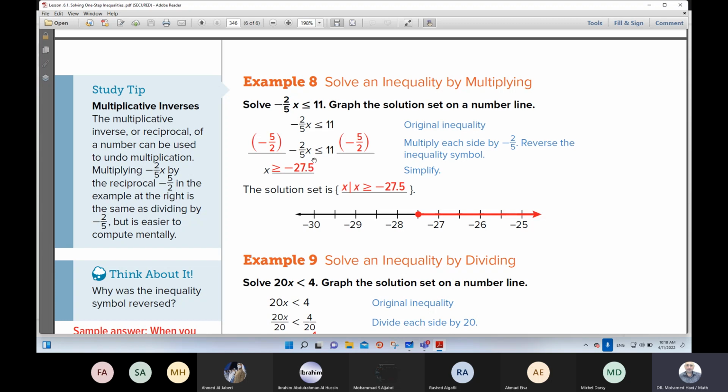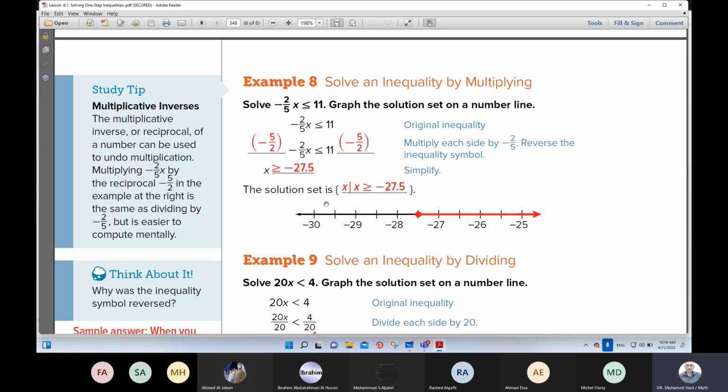And as you know, when you multiply the inequality by a negative number, switch the direction of the sign to the opposite sign. So we will get here x greater than or equal to negative 27.5.